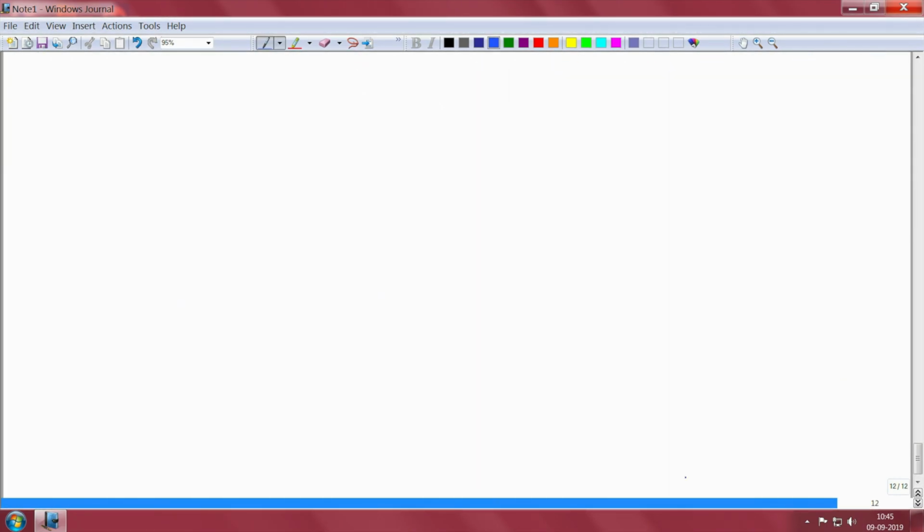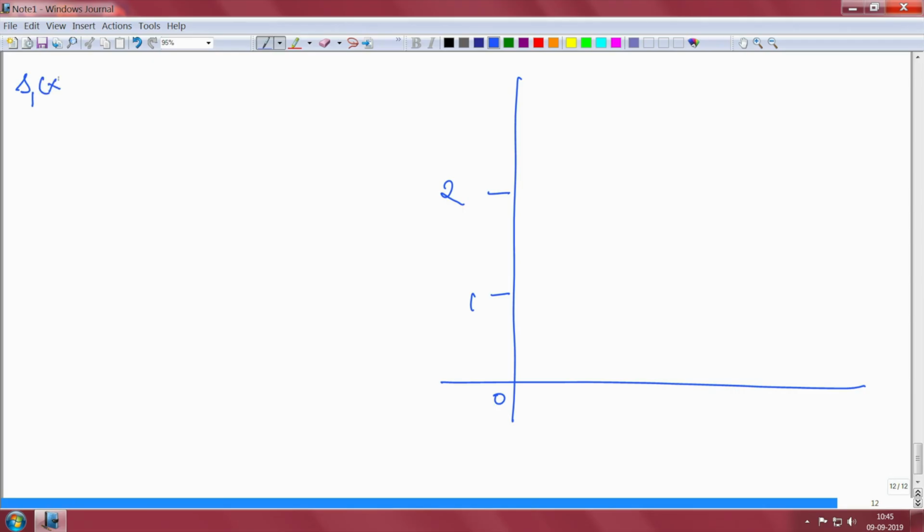Let's try to draw this picture a little bit. Mark 0, 1, 2. Let us look at what S1 of x is. S1 of x would be 0 if 0 is less than or equal to f of x, strictly less than 1 by 2.